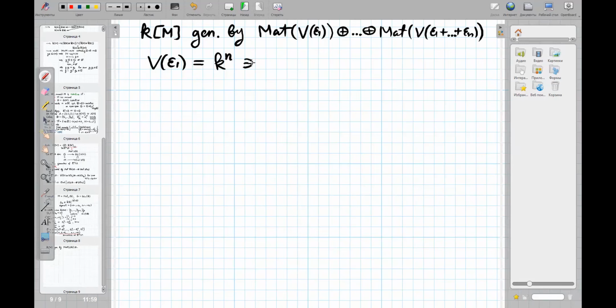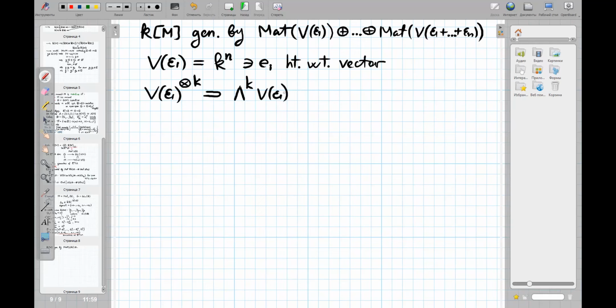The highest weight vector in here is the first basic vector in the standard basis. E1 is a B semi-invariant vector, it has highest weight epsilon 1. This is the highest weight vector. And if we take the kth tensor power of this standard representation, this kth tensor power contains the kth wedge power of the standard representation.